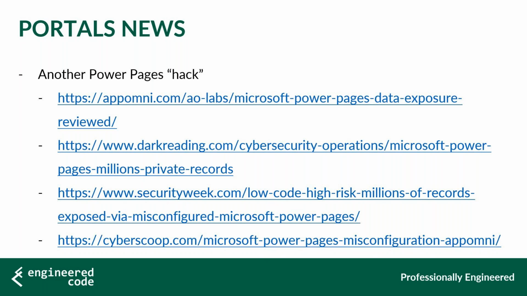What happened the last time Power Pages made the news was that people were turning on a legacy feature called the OData feed on lists, but also not enabling or turning off table permissions.